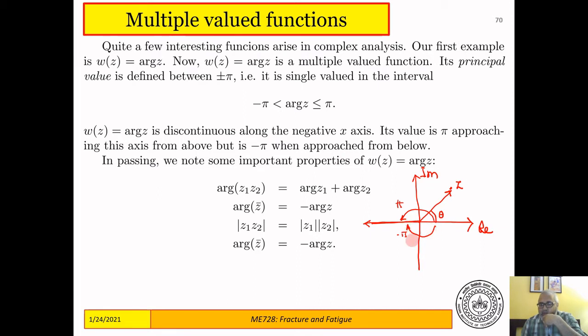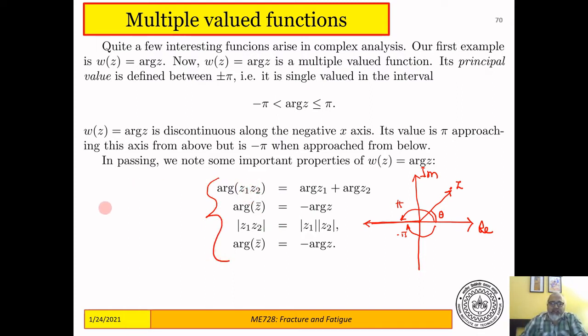If you go around, it goes to minus pi, then minus 2 pi, come back again, its value changes. So you can go around many times, and every time its value changes. So it is a multiple valued function, but it is an important function that we are going to use quite often. These conditions are easy to prove.